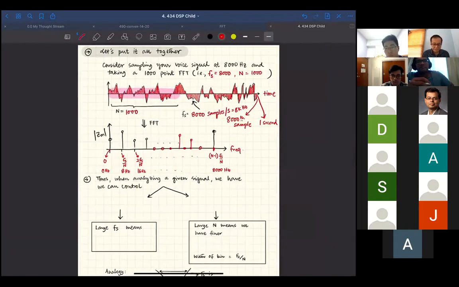Okay. Thus, when analyzing a given signal, we have two knobs. Wait, Professor. Based off this magnitude thing here, would that window you drew be wrong? Instead of having that window of 1,000, shouldn't it be split in increments of 8 from 0 to the 8,000th sample? Say that again.